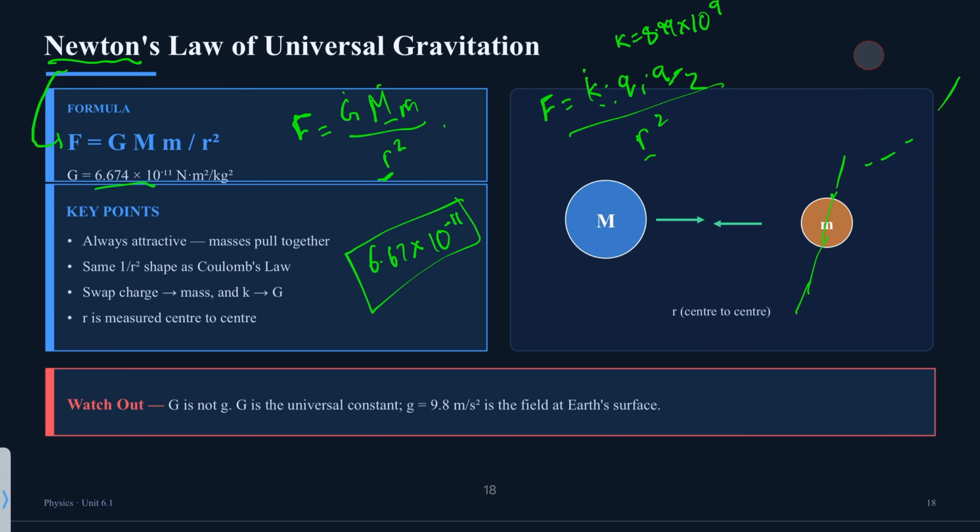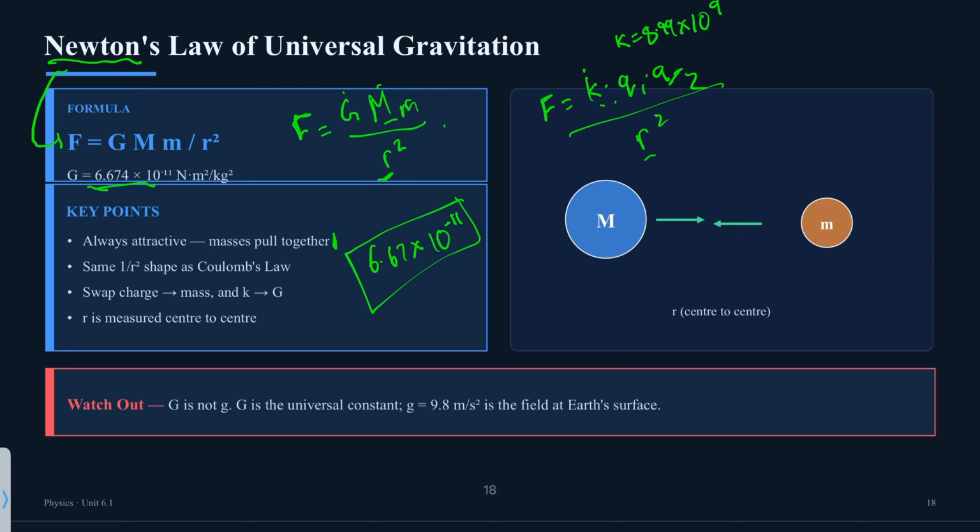So that's how gravity works and how it's different from regular charges, right? So it's always attractive and masses are pulled together. That's why the field lines are also going to look a bit different for this, but we'll go over that in a later video, okay?